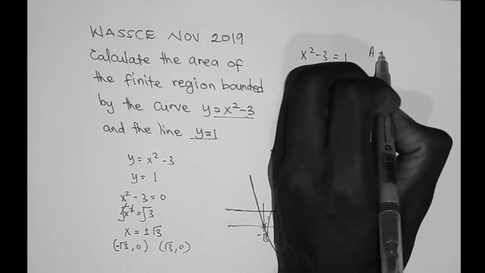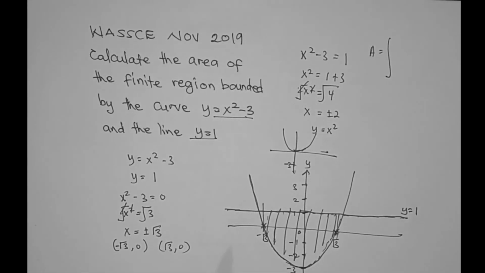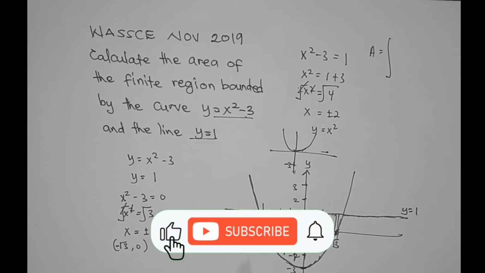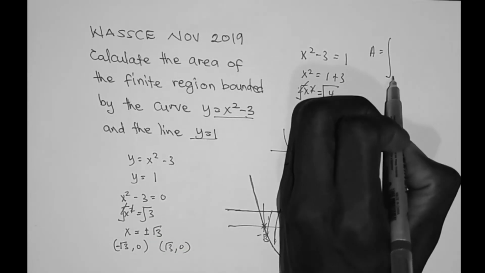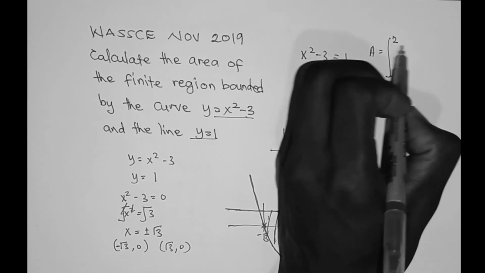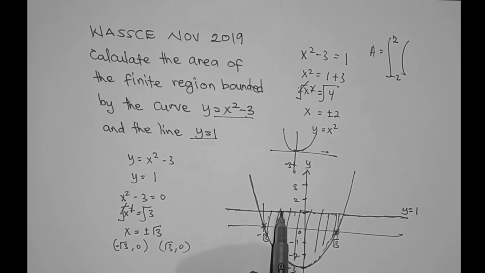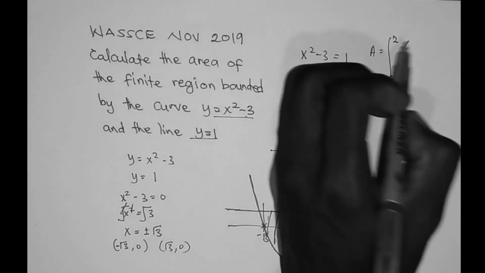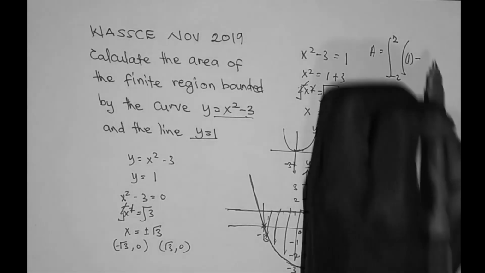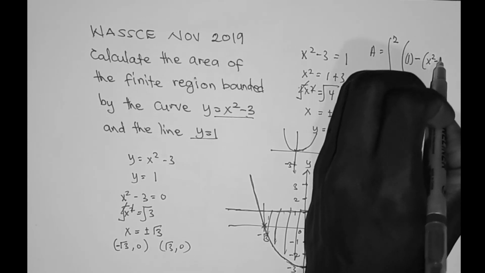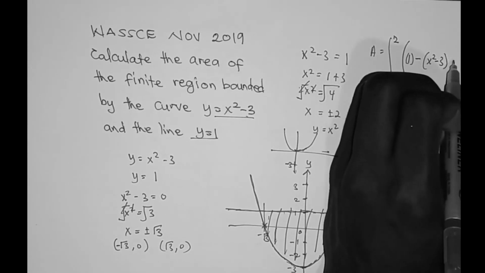Now let's calculate the area itself. So A is equal to the integral of, the points of intersection between the curve and the line were minus 2 and 2. So minus 2 to 2 of the function on the top, which is 1, minus the function beneath, which is x squared minus 3, dx.